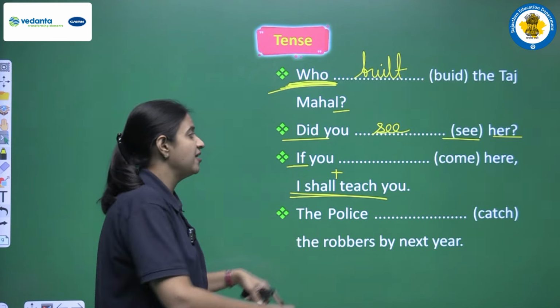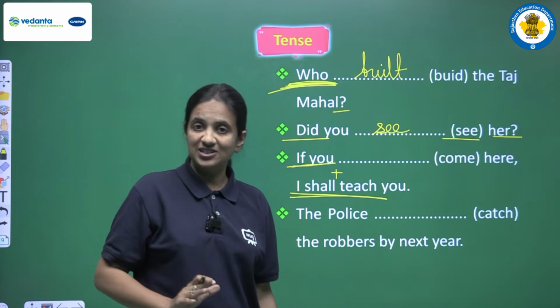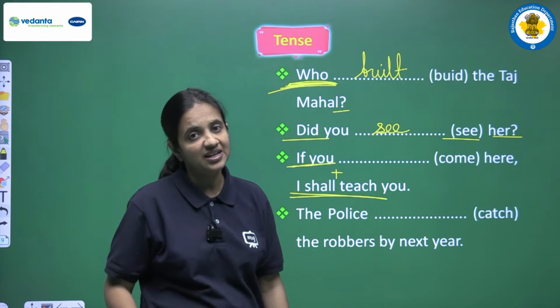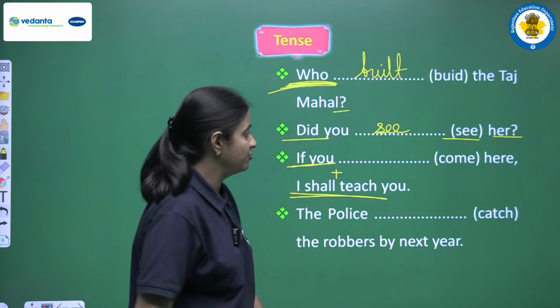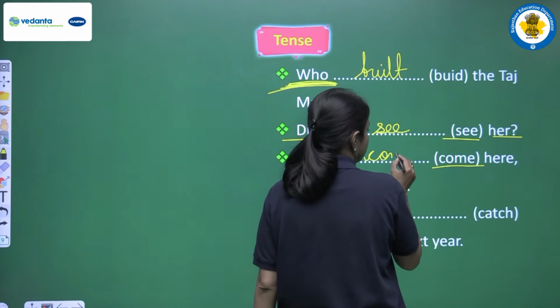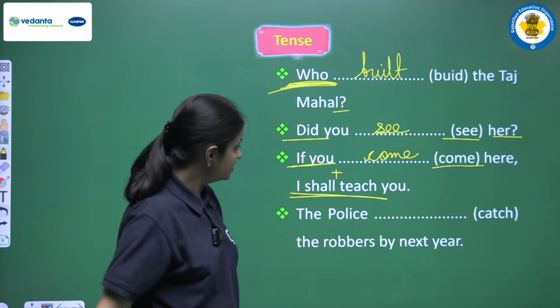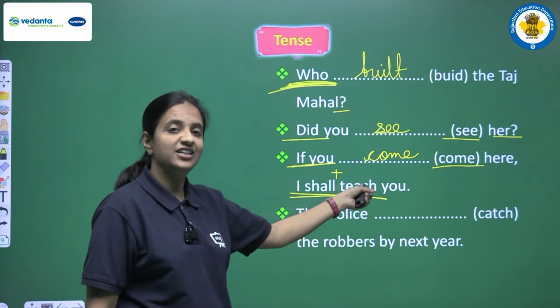So now we are having you as a subject. You is a plural subject. So in a positive sentence of present simple tense, if the subject is plural, we have to use only first form of the main verb. Main verb that we are having here is come. First form will be come, and the sentence will be if you come here, I shall teach you.